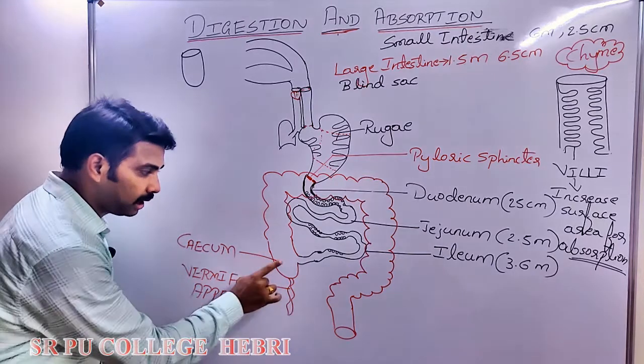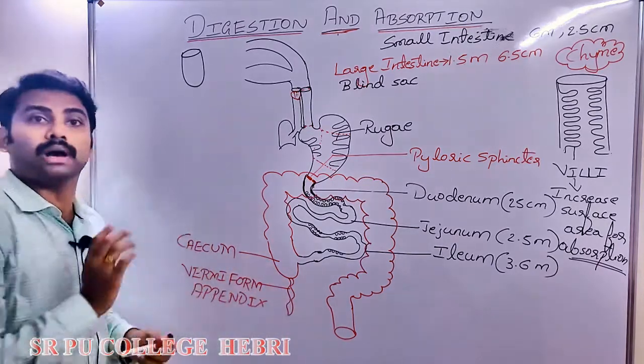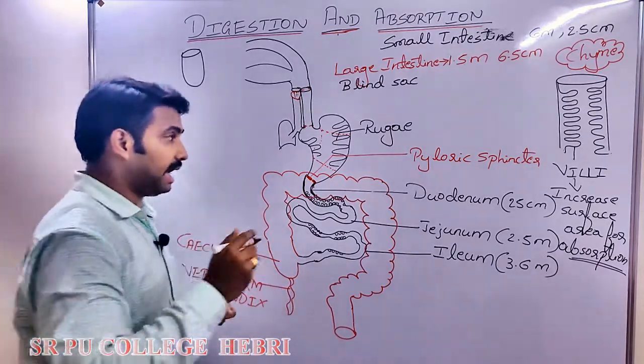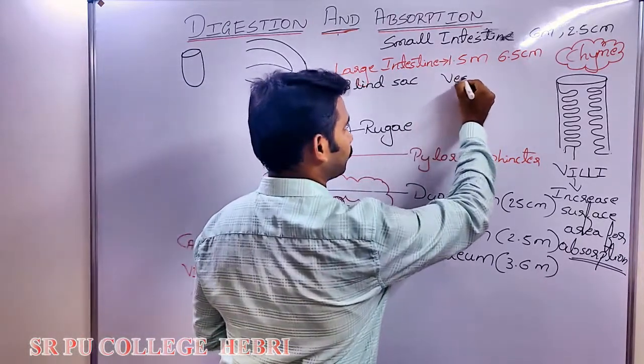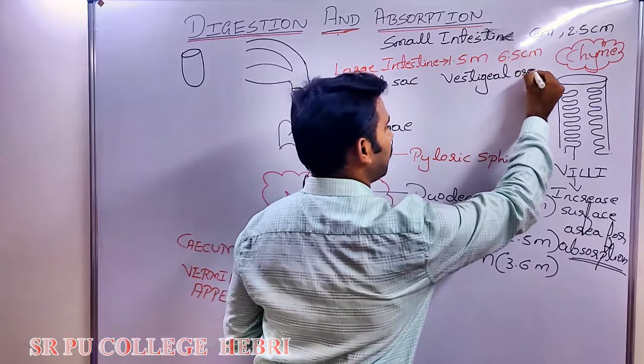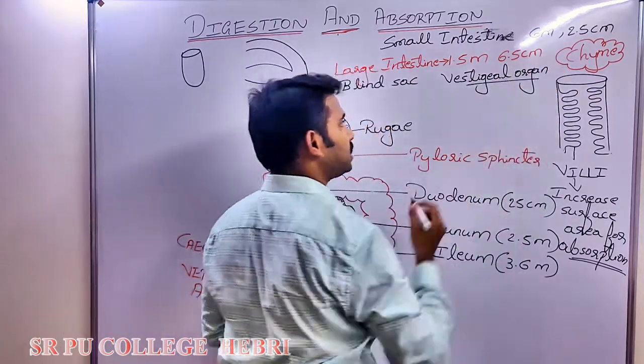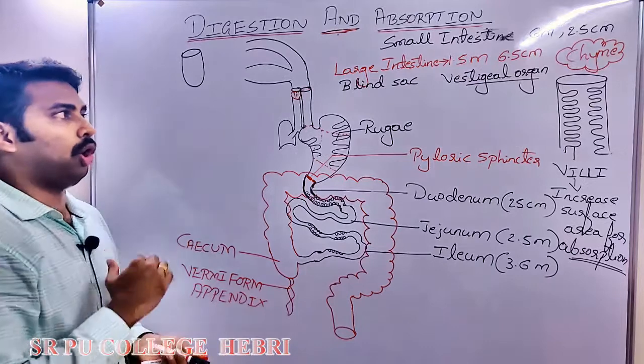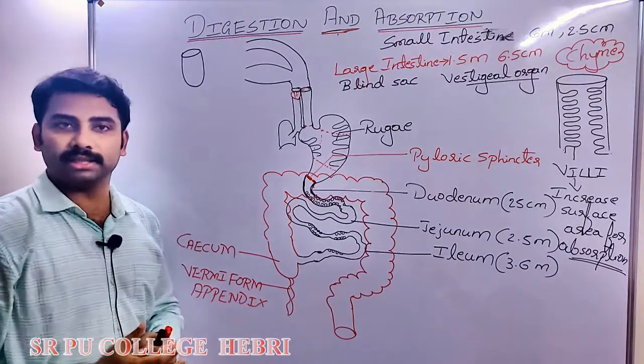Try to understand, both cecum and vermiform appendix are the example for what? Note down, vestigial organ. I have already told you the meaning of vestigial organ.